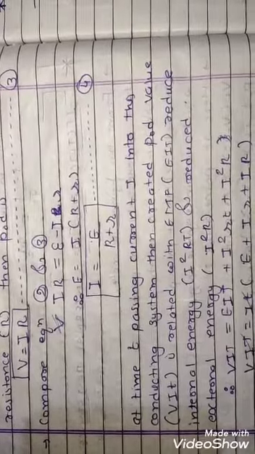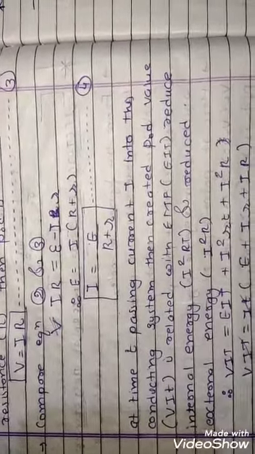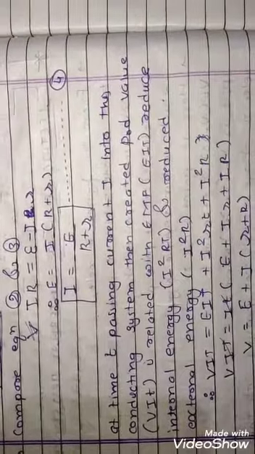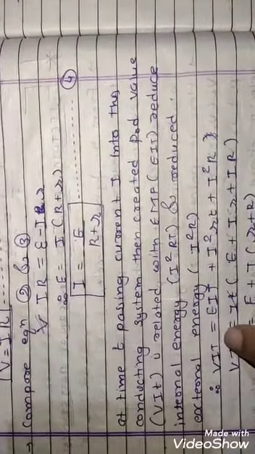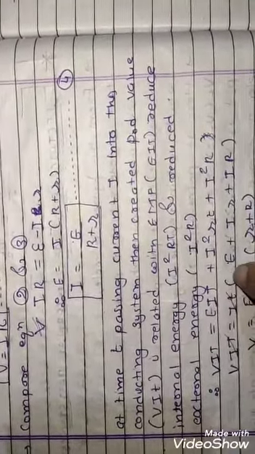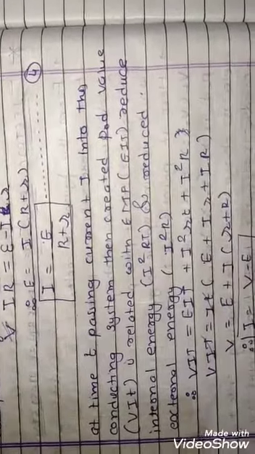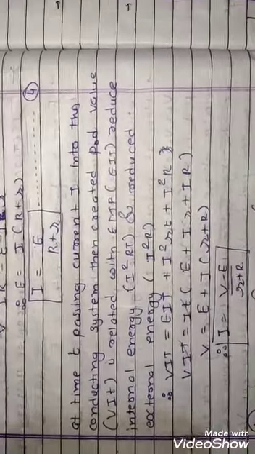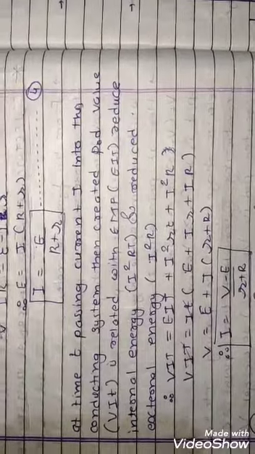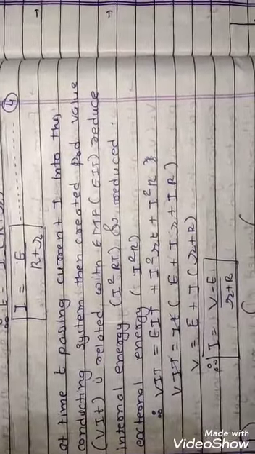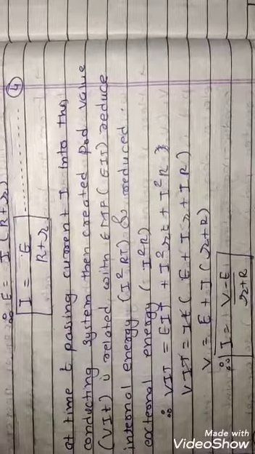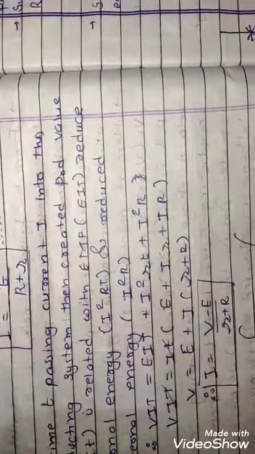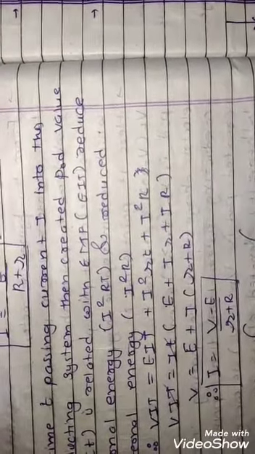Reduce internal energy I square rt and reduce external energy I square Rt. We will get VIt is equal to EIt plus I square rt plus I square Rt. Solve this equation, we will get I is equal to E upon R plus r. This is current in this system.